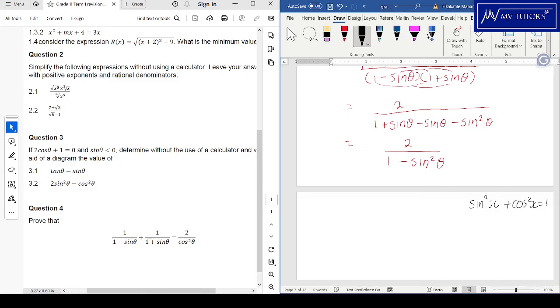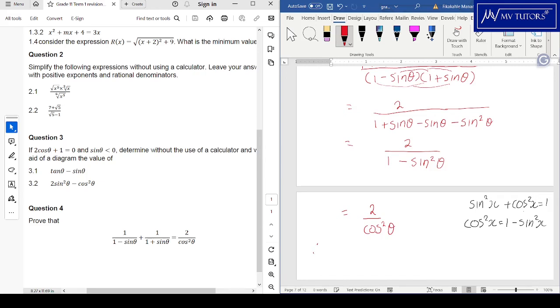So that means if I take the sine squared x to the other side, I'm left with cos squared x equals 1 minus sine squared x. This is a square identity, and this is identical to what my denominator is. Which means I can rewrite this as 2 over cos squared theta.